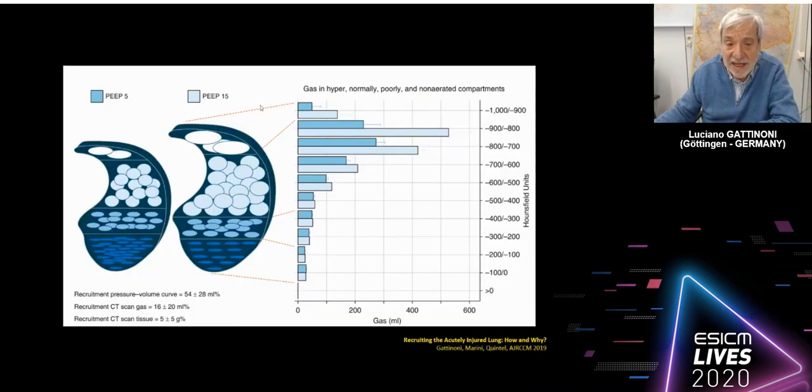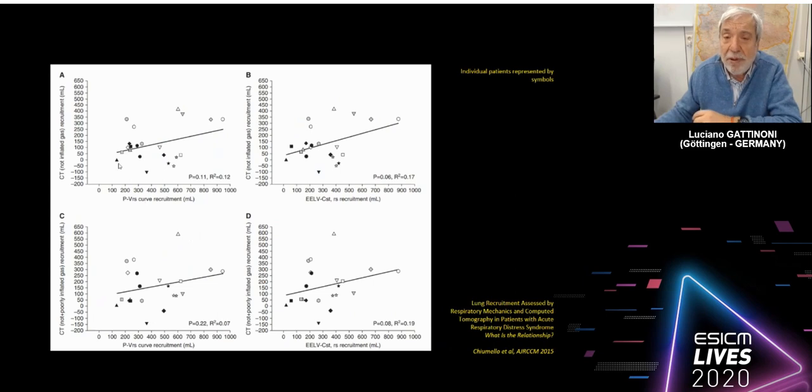And this is another view of the same problem. If we compare the recruitment as assessed by the CT scan, this is the CT scan, or by the PV curves, or compliance method, you can see that we do not have almost any relationship.